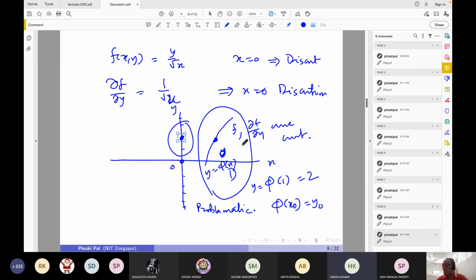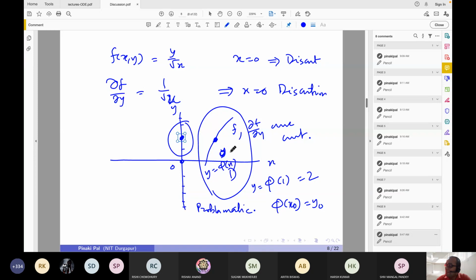Sir, phi will be unique because the condition on phi is that it should pass through the point. For every domain phi will exist. Suppose you give me n domains, where n is very large. All the domains should include this point, because Picard's theorem says that the point should be in that particular domain.